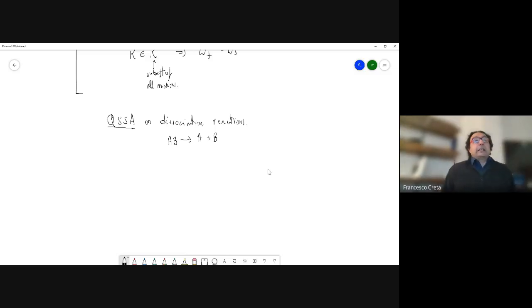Now, our idea is, but is this really what's happening? Is AB actually breaking up into A and B? Because if this is the case, and if this is an elementary process or an elementary reaction, then this is actually what's going on, right? And ideally, if it's elementary, then this would be unimolecular.